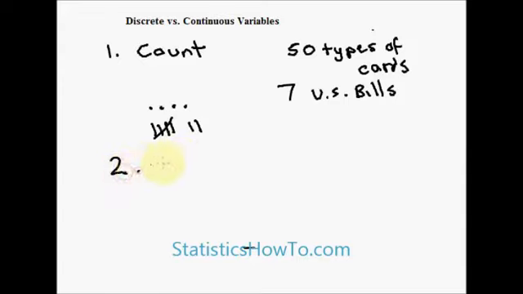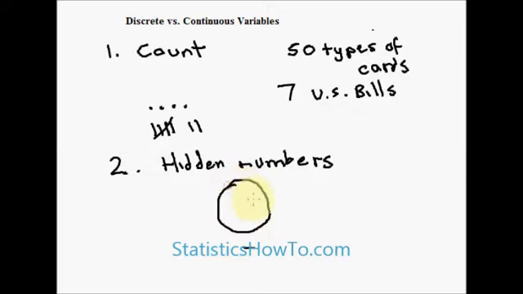And second, think about hidden numbers. What do I mean by hidden numbers? Well, if you think of a stopwatch. If you're wearing a wristwatch and it's telling time, you might say to yourself, oh yeah, time is continuous. But if you think about how a watch is made, inside the watch might be a little computer chip.